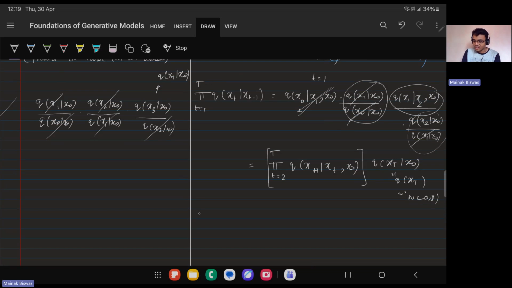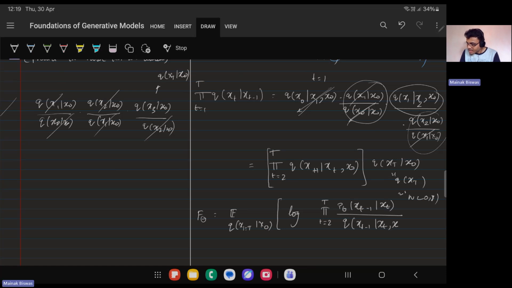So again, I can write down the ELBO as f theta, the expected value of q of x1 all the way to t given x0, log of, I can write it as a product of t equal to 2 to capital T, p theta of xt minus 1 given xt by probability of q of xt minus 1 given xt comma x0, right?